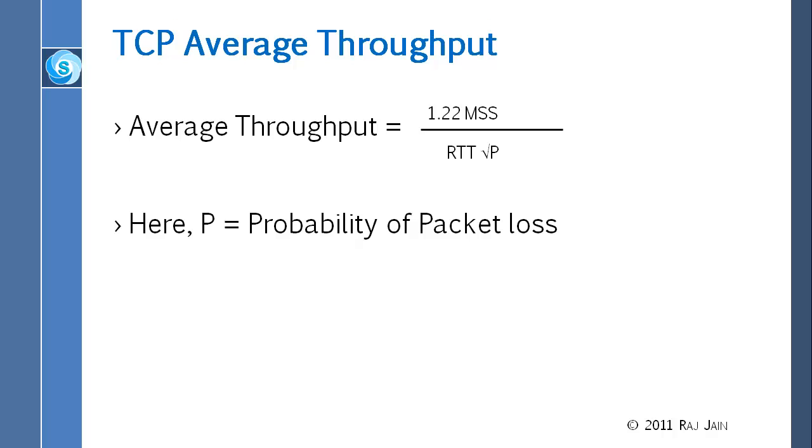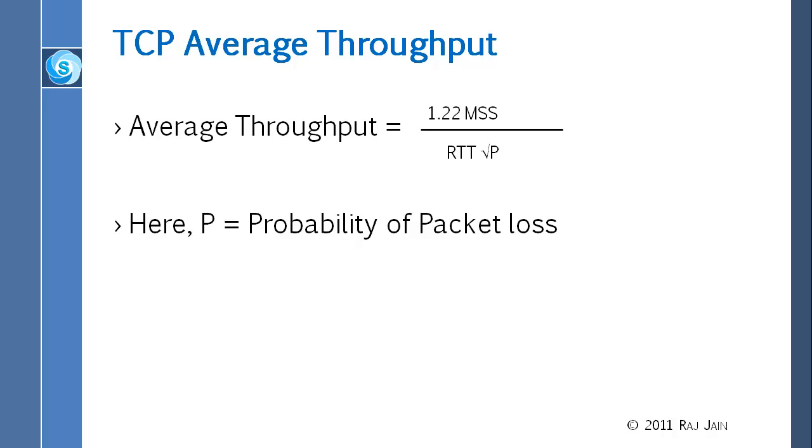So then, some people measured the relationship between probability of loss and the throughput. And in fact, it's not just a measurement, they also analytically proved that if you do whatever you are doing here in slow start, then your throughput will be equal to 1.22 times MSS divided by RTT square root of p, where p is the probability of loss.